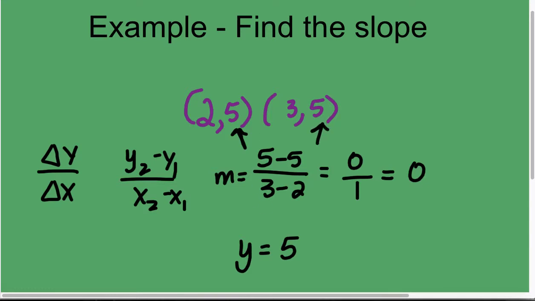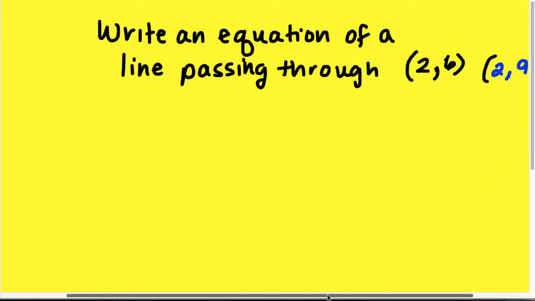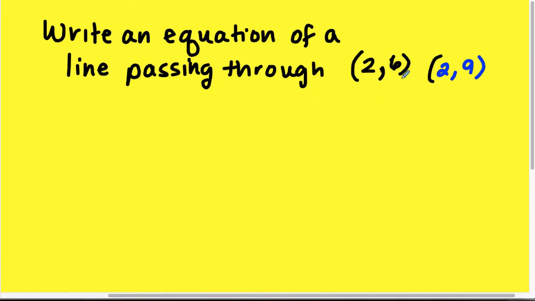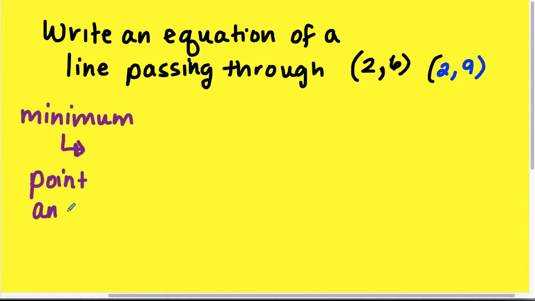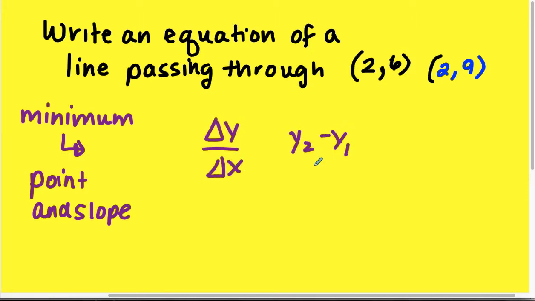All right, let's try a different example. What if I said to write an equation of a line passing through the points (2, 6) and (2, 9)? Well, in a previous video and last year, you learned that the minimum you need to write an equation of a line is a point and a slope. I have 2 points here, so I actually have to find the slope. I'm going to do change in y over change in x, y2 minus y1 over x2 minus x1.